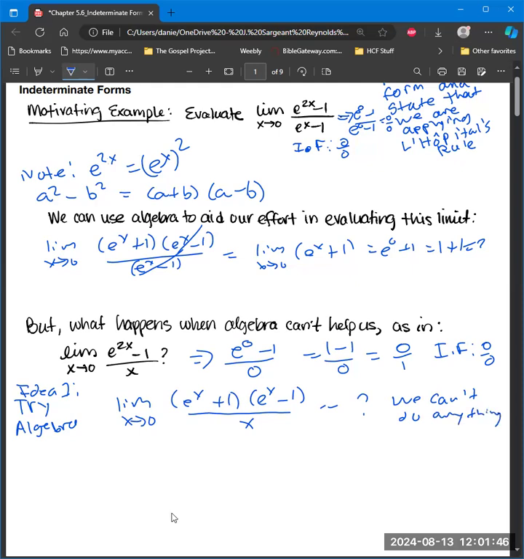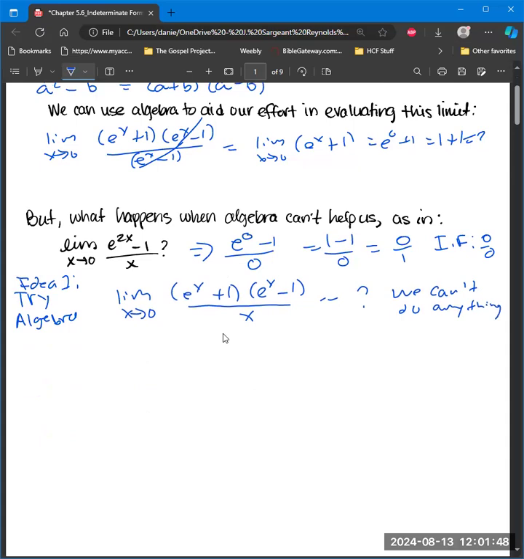So we might want to try an alternate algebra idea. Let's take the limit as x goes to 0 and let's split this up into two fractions like this.